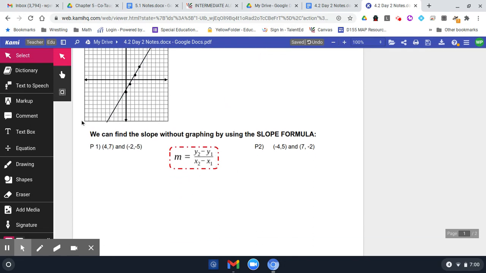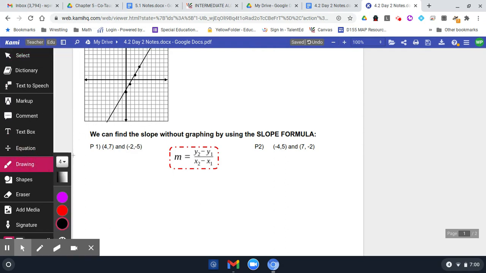All right, so what we're going to do here is we're going to label these. The first thing we're going to do is we know that this is x. And this is y. And we know that this is x. And this is y. All right, so we're going to use those to help us find our slope.